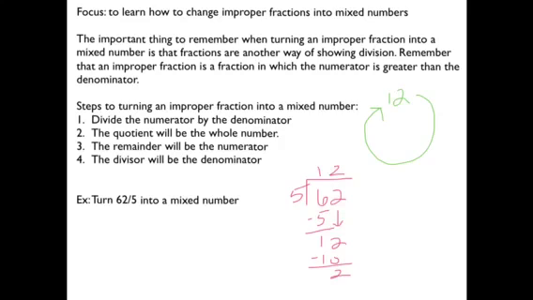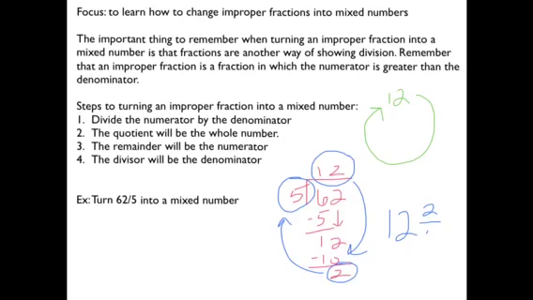Now I've come to the point where I have nothing else to bring down, so I'll have a remainder. So I'll go up to the top, my remainder, and my denominator. And I'll go around just like a clock, giving me an answer of 12 and 2/5. And that's all there is to it.